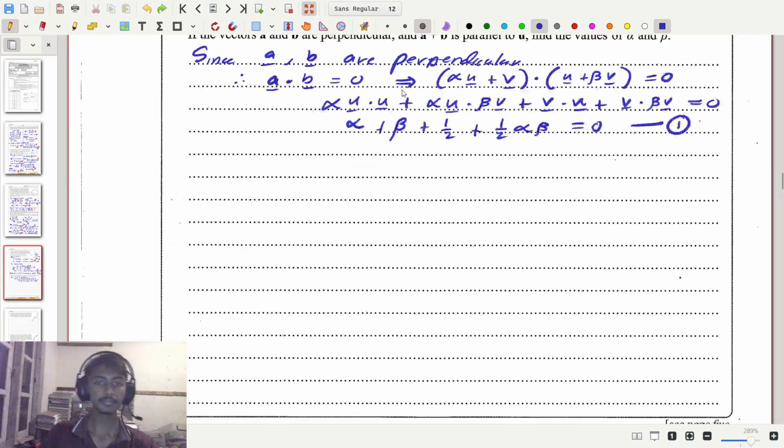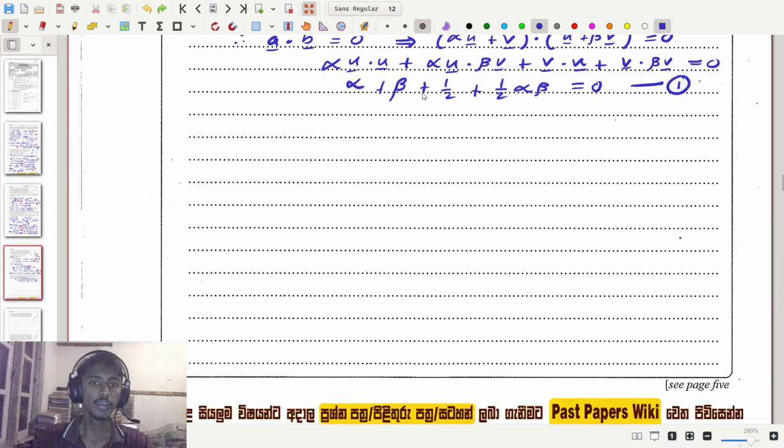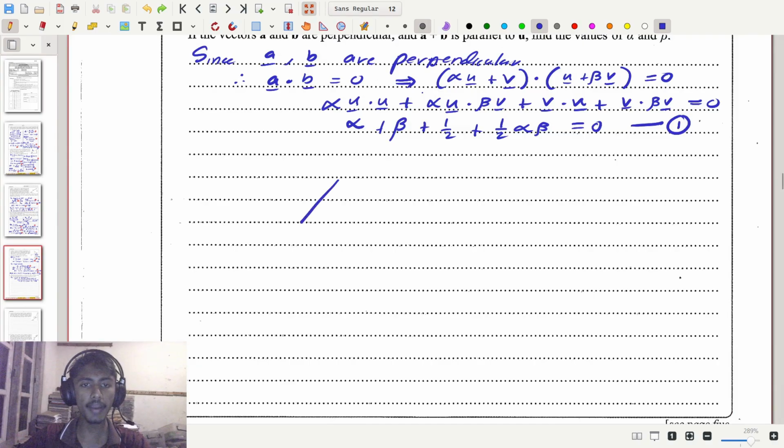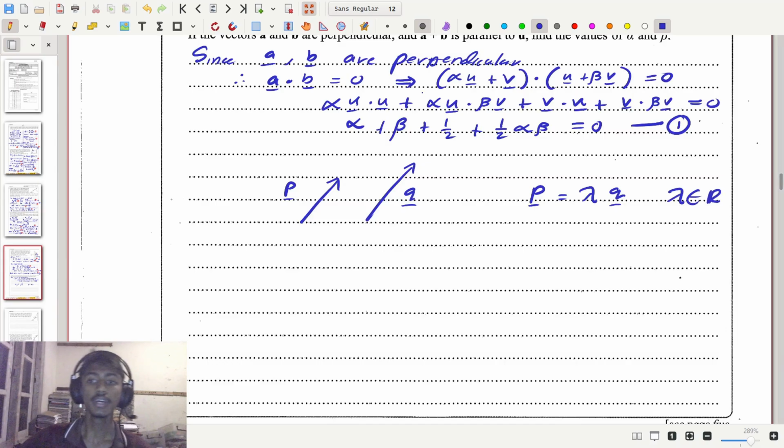Now as we know, whenever you have two vectors that are parallel to each other like so, let's say we have this vector and this vector, where this is p vector and this is q vector, we must have p vector being equal to lambda times q vector, where lambda is a scalar that is an element of the real numbers. Given that p vector and q vector are parallel, this must be the case.